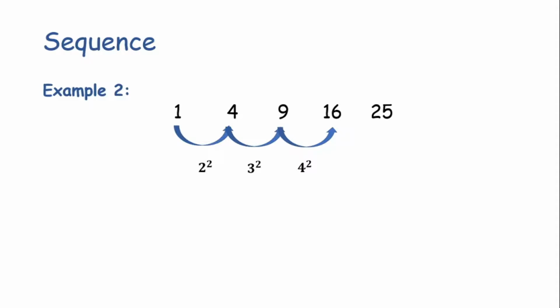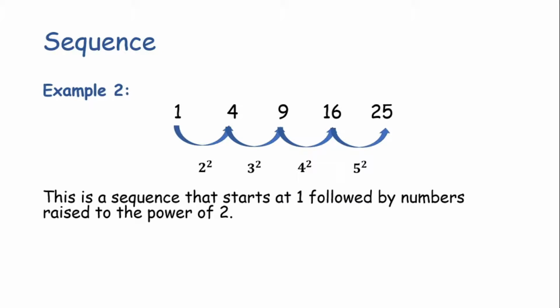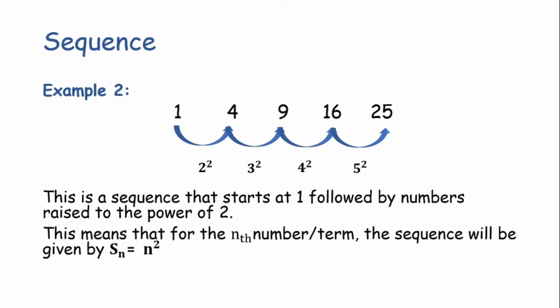And the fourth and fifth terms are derived by taking the fourth term to the power of 2 and the fifth term to the power of 2 respectively. This is a sequence that starts at 1 and is followed by numbers raised to the power of 2. If we were to find the nth term of the sequence, we will take n and raise it to the power of 2.